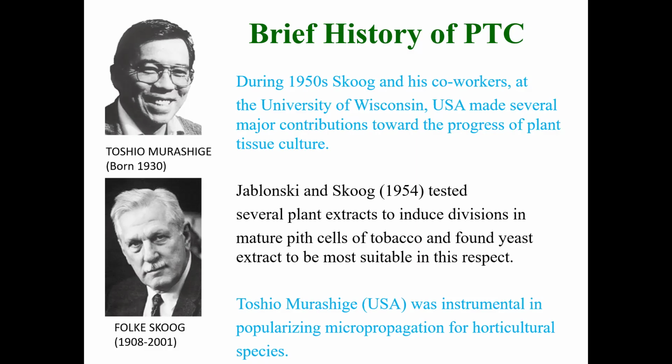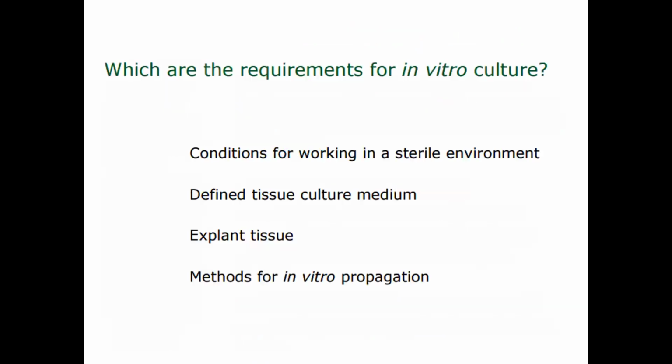So Toshio Murashige and Folke Skoog, they popularized micropropagation because combining different hormones and nutrients, minerals, they prepared a commercial medium called MS medium. So remember who is the discoverer of MS medium. MS medium is still available and widely used for plant tissue culture.